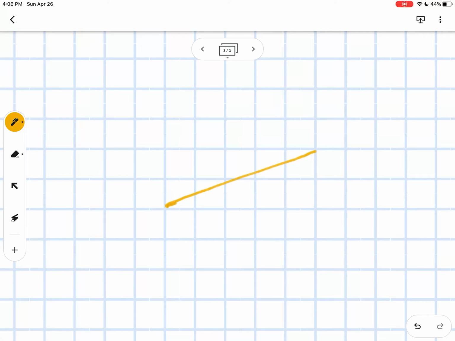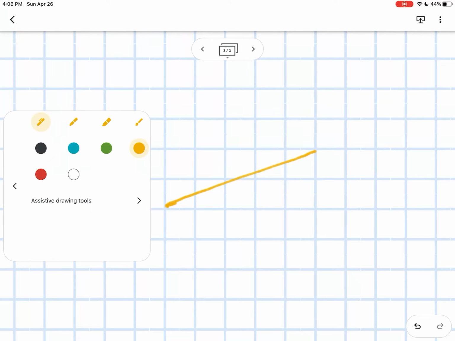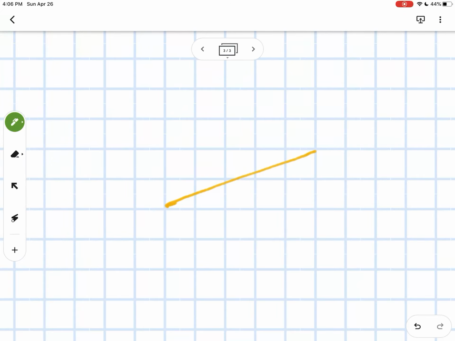It's not possible to measure it or count it because it doesn't line up with the graph paper behind it. So for these, what you do is create legs. We're going to pretend this is the hypotenuse of a right triangle. I'm going to create leg 1 and leg 2, using my graph paper to create a right triangle, because now it's super straightforward.